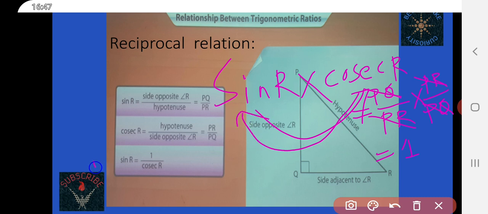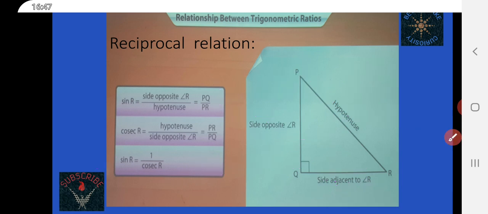So you can write sin r is equal to 1 by cosec r and cosec r is equal to 1 by sin r. So they are reciprocal.